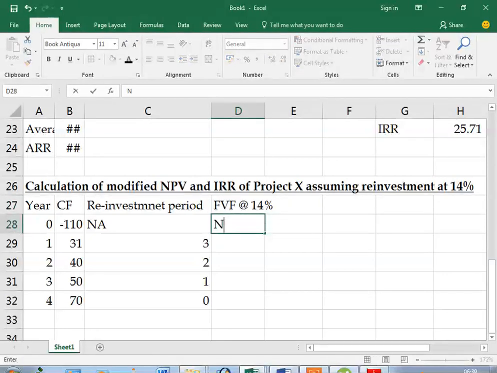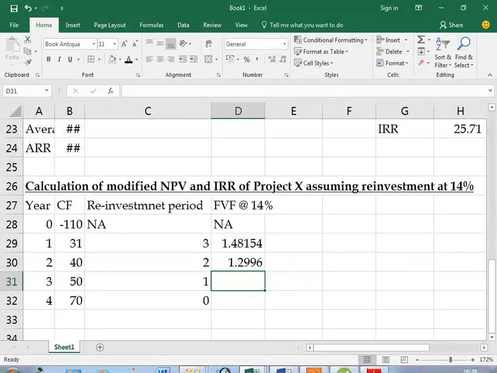Now please listen. The future value factor is 1.14 into 1.14 into 1.14 for 3 years, then 1.14 into 1.14, for 2 years reinvestment, 1 year reinvestment and 0 year reinvestment.